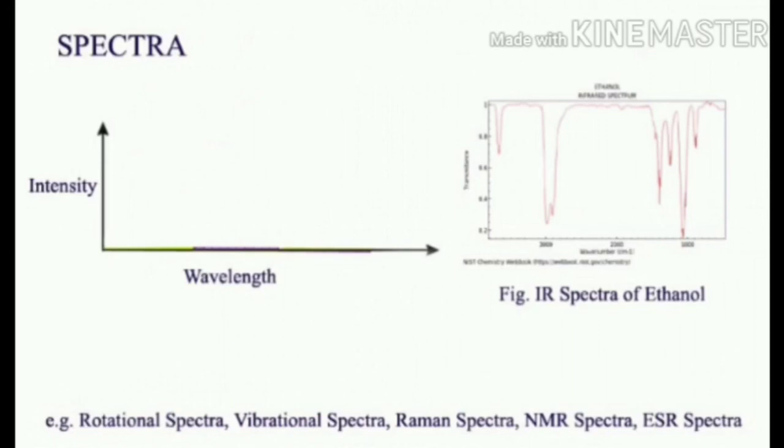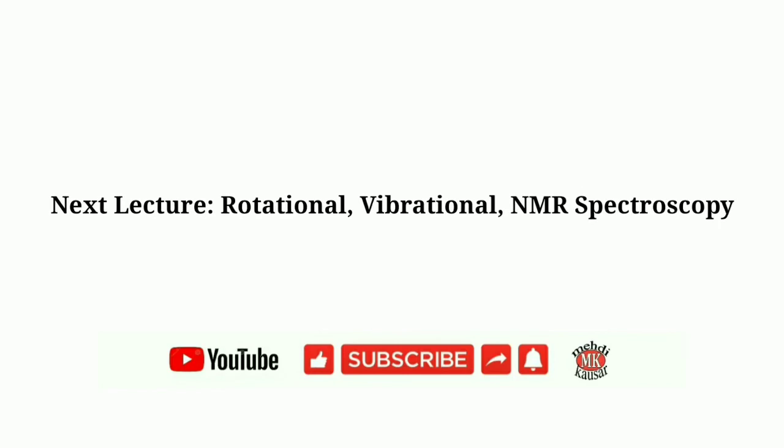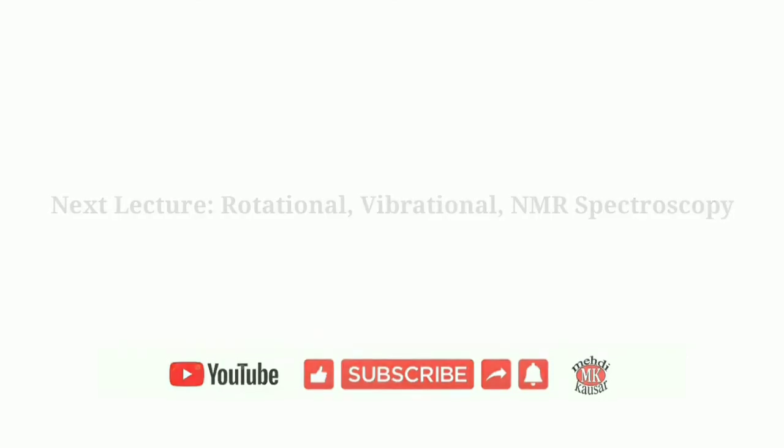By studying the spectra obtained from a particular spectroscopic study, we can get various information about the substance. This is all about the introduction to molecular spectroscopy. In my next lecture, we'll discuss rotational, vibrational and NMR spectroscopy.